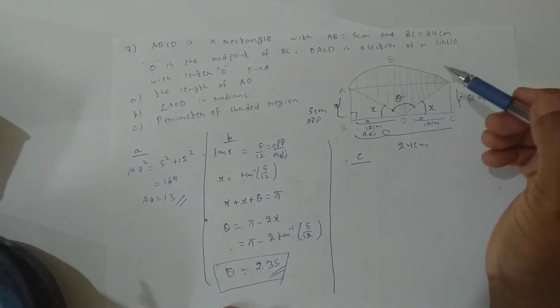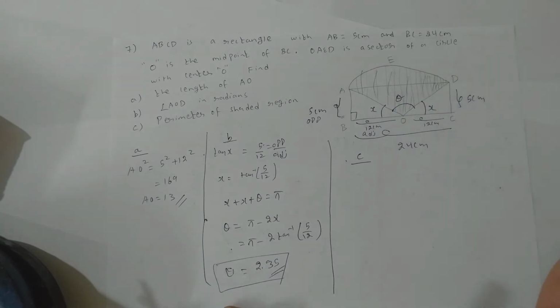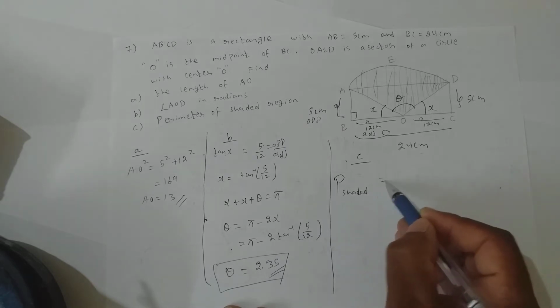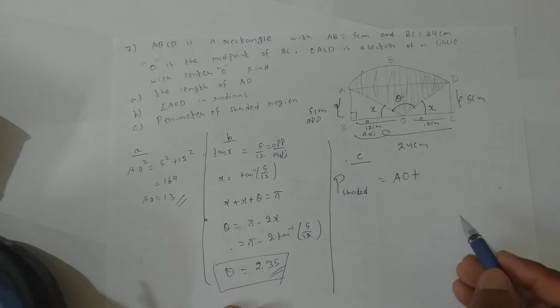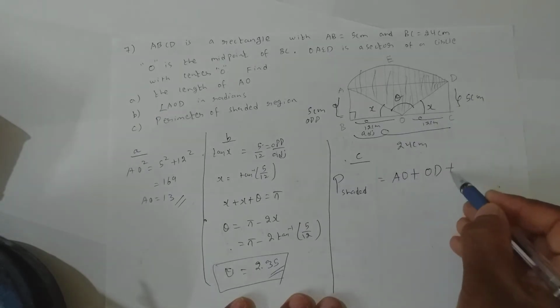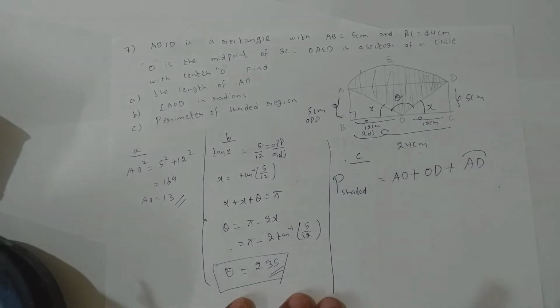Perimeter of the shaded region. This entire perimeter I need to find, so add all the boundaries. What all do I need to add? I need to add AO plus OD plus this arc length AD. So on AD you need to put an arc symbol.